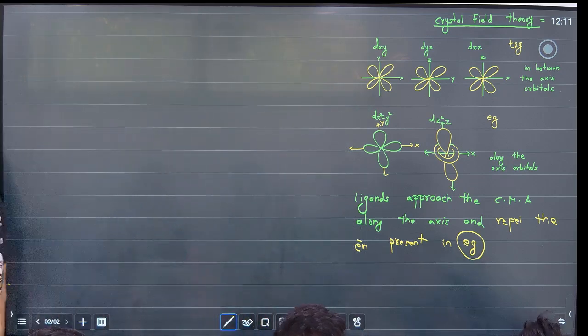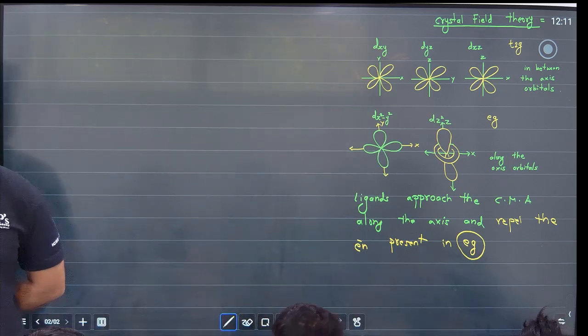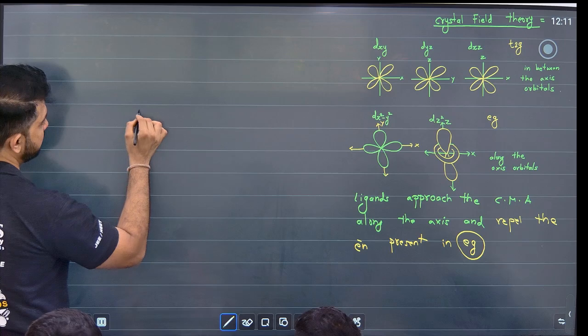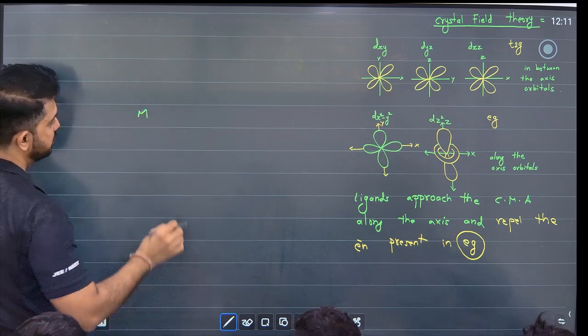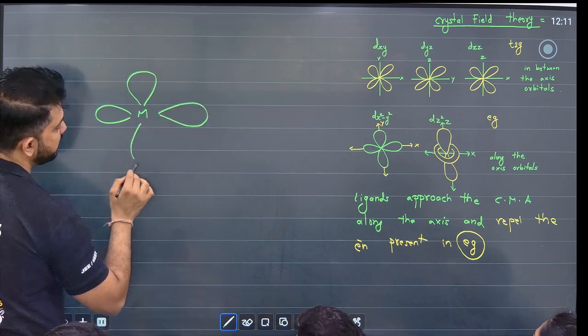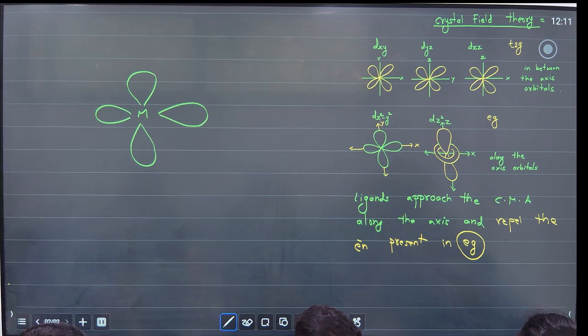EG. If you want to still visualize this, imagine this is your central metal atom, and let's say I'm drawing the dx square minus y square orbital. This is dx square minus y square.